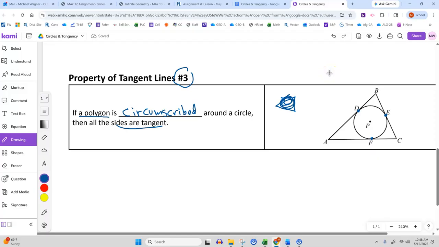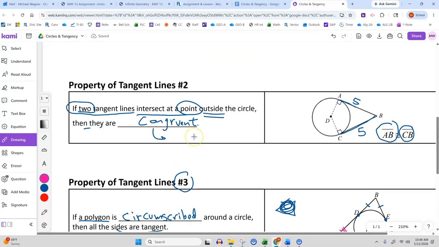So it means that DB is going to be equal or congruent to BE, and EC, can you think about what that's congruent to? That's going to be congruent to this line right here. And finally, let me see what color I can use on this one. How about purple? This one over here is congruent to this one over here. So we're going to use that to solve problems today, okay?